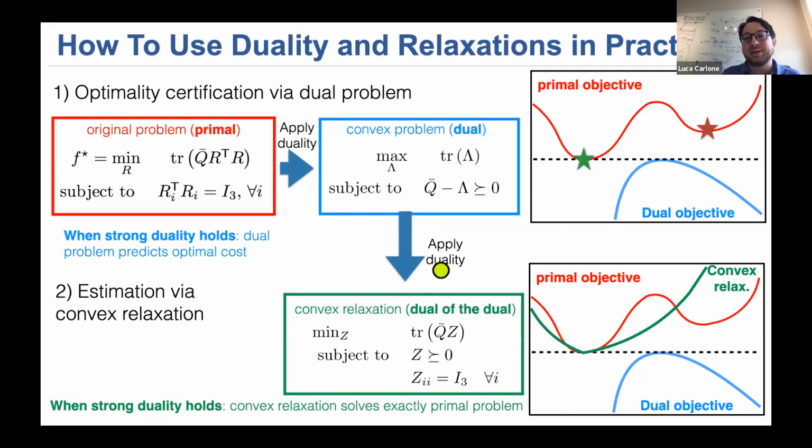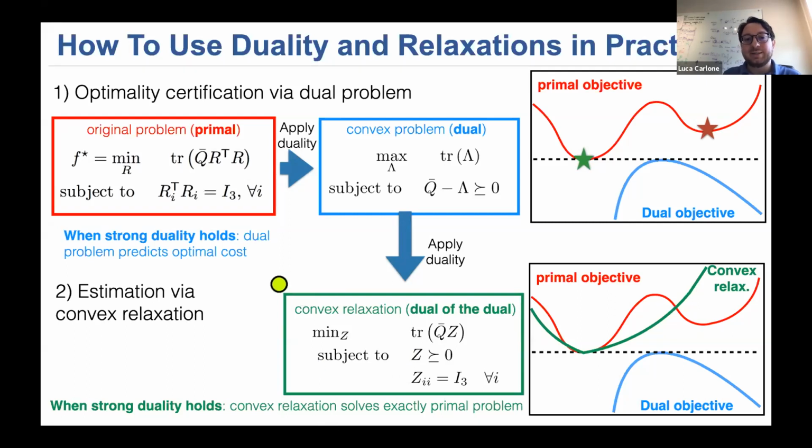And if you work out the math, it turns out that the dual of the dual problem is exactly the convex relaxation that we heuristically derived in the previous slide. So in other words, the relaxation that you get through Lagrangian duality and the relaxation I got just by manipulating the math are the dual of each other. And since they're both convex, they will give the same optimal solution. They will attain the same optimal cost.